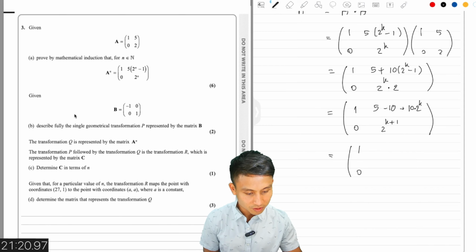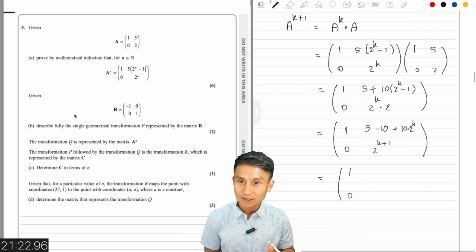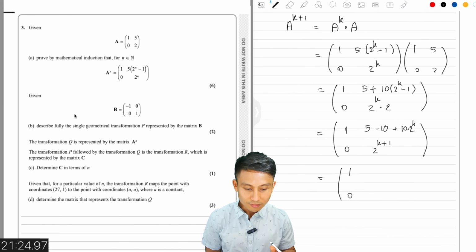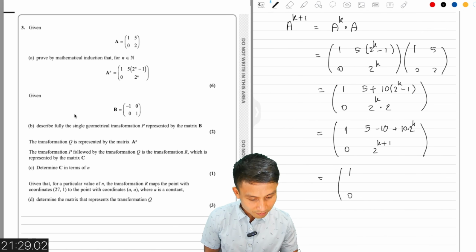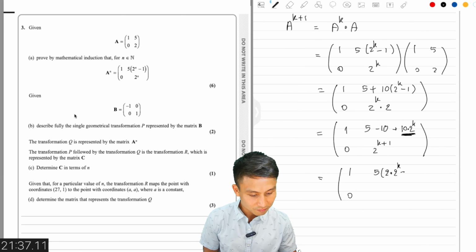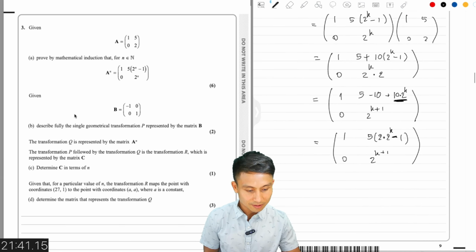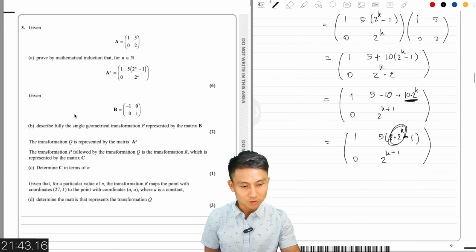Well, surely it should work. So we get a minus 5 there for the number term. And if you pull 5 out from both terms, you have left in this term 2 times 2 to the k, and then because this is minus 5, you have a minus 1 here. And isn't this together 2 to the k plus 1?